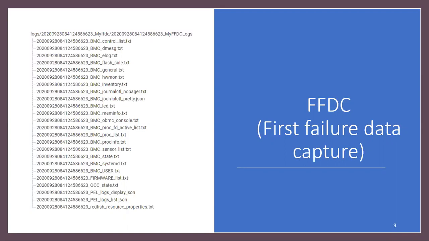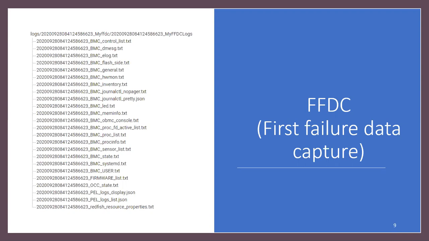You can look it up. Now in this FFDC, you can see this is just the BMC FFDC data that we are collecting when your test case fails, right? You have a bunch of general error information. Then you have a journal, memory info, and what is the state of the BMC and the host. You can see the OCC state, and even the new one, the PAL.